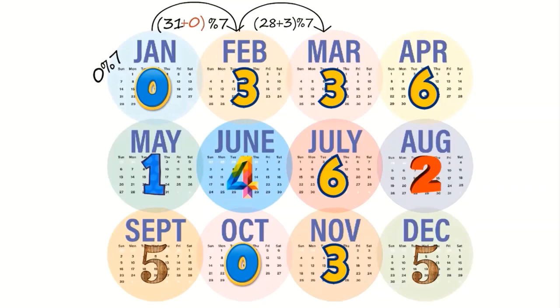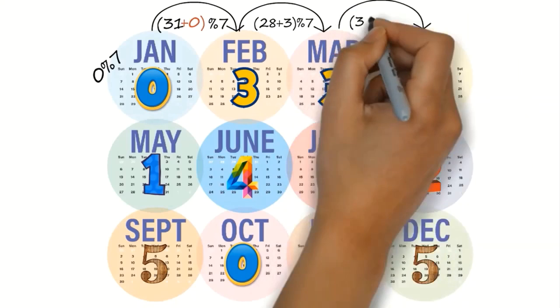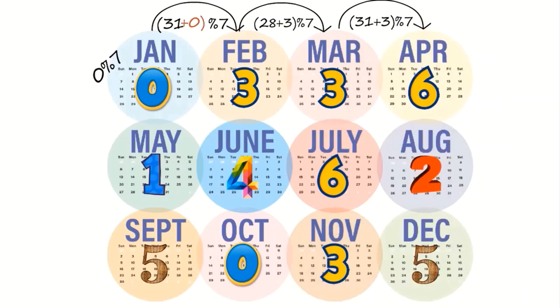So 28 plus 3 mod 7 is equal to 3. Similarly, month code of April will be 31 days in March plus month code of March, that is 3, mod 7, which will give you 34 mod 7, that is 6. This is how we can generate these month codes.